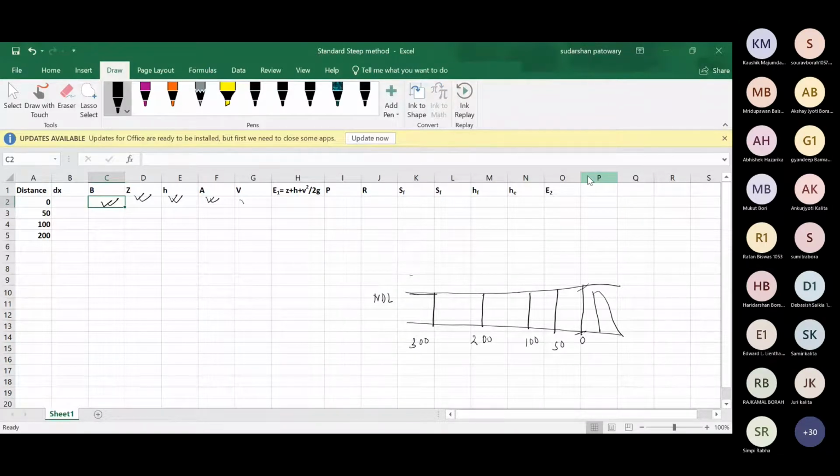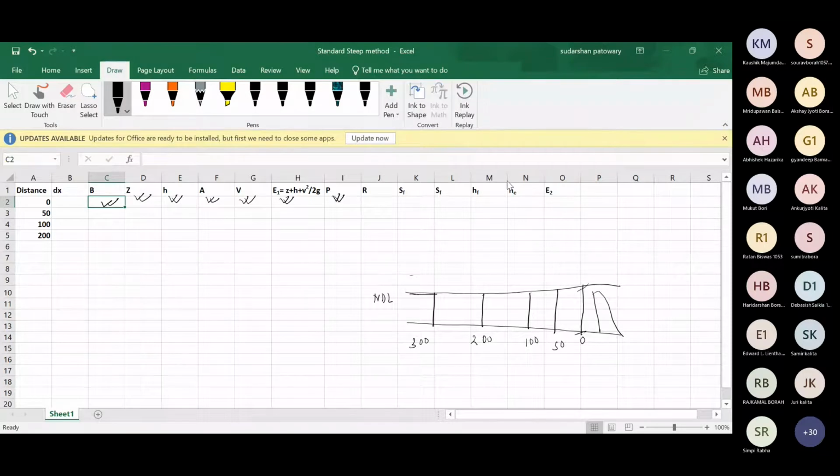Next, energy. Here, energy represents the total energy, not the specific energy. In the direct step method, the energy is taken as specific energy, that is Y plus V square by 2g. But here we are considering Z also, that means the datum is also considered. So this is your total energy. Clear? Up to this much clear? This value E1 is known.